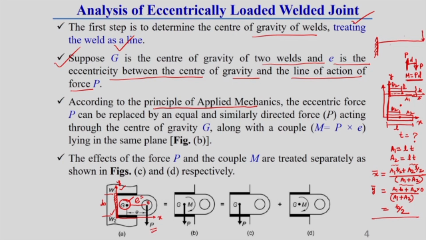So, let this be P. We want to shift this force at a distance, let D1, from the initial position, let this be 1, to the second position. As in the second position there is no force, we apply another opposite force here, also similar to P. So, the resultant force in position 2 will be 0.